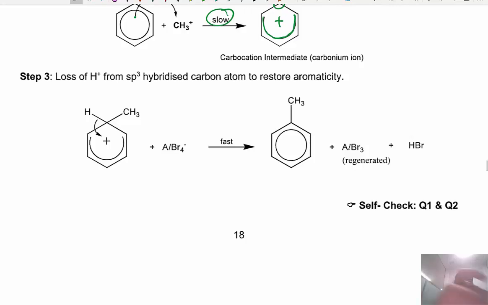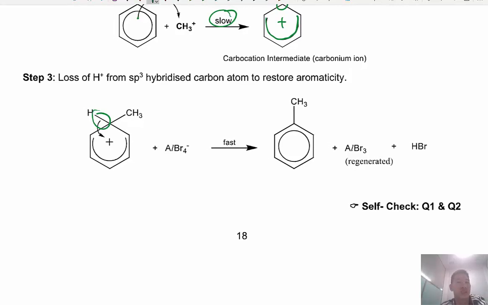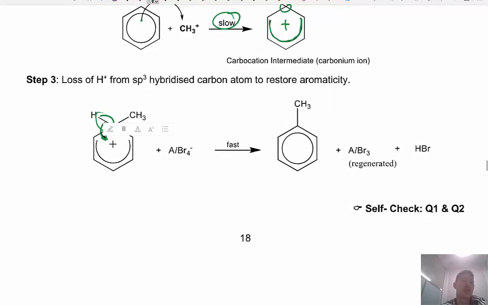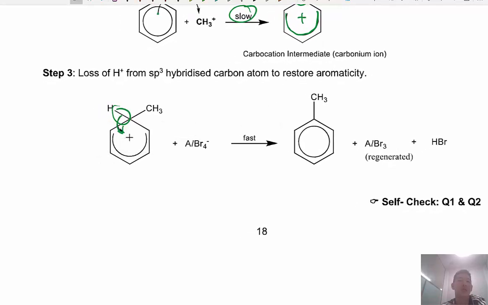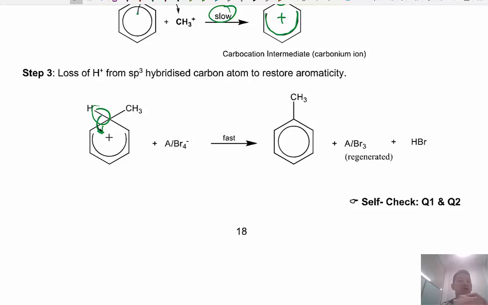After that, the CH bond breaks. Arrow goes back in, good to point it towards the positive charge. Make sure you have your halogen carrier with the extra Br minus on it. Fast reaction.